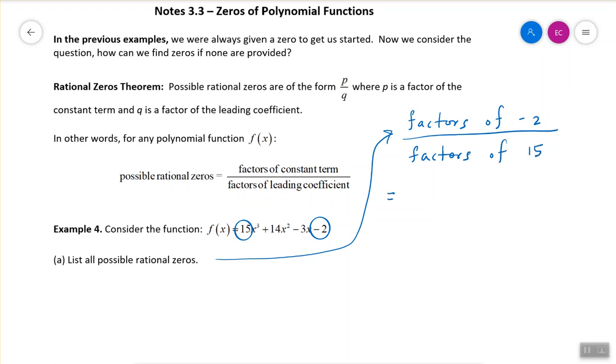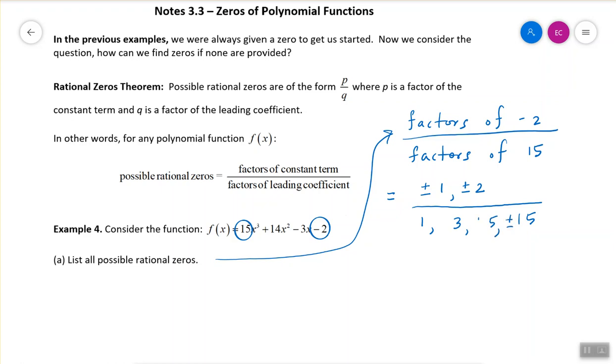And factors of 2 are 1 and 2, and we always want to consider positive or negative for all of our factors in this problem. Factors of 15 would be 1 and 15, and it would also be 3 and 5.